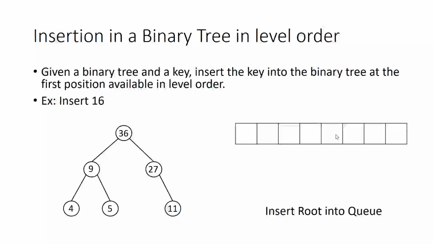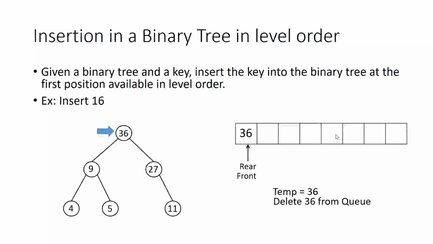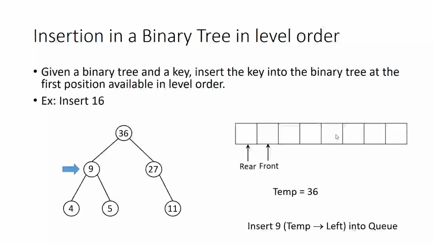So insert root into the queue. We are going to insert 36 into the queue because front and rear are initialized to -1, and now when we are inserting it should be incremented, so both front and rear will point to 36. Then we are going to make 36 as temp because we are going to delete 36 from the queue and insert left of 36 into the queue.